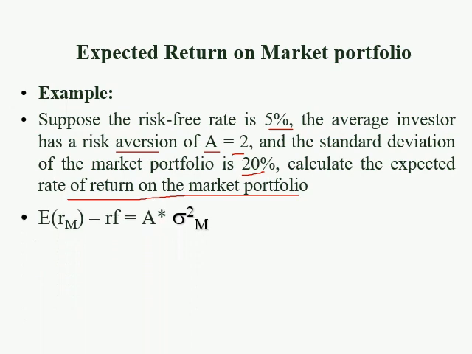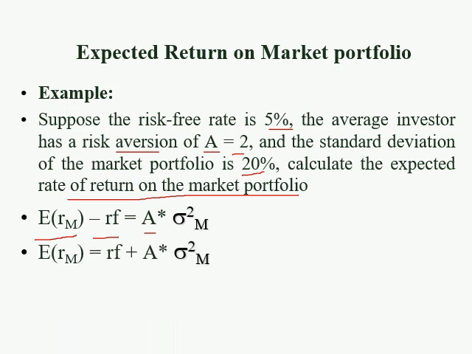Here, E(R_M), the expected rate of return on the market portfolio, minus R_F, that is the excess return, equals A multiplied by sigma square M, or the variance of the market.